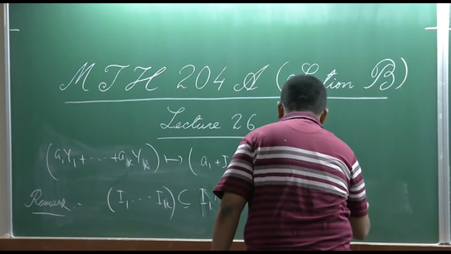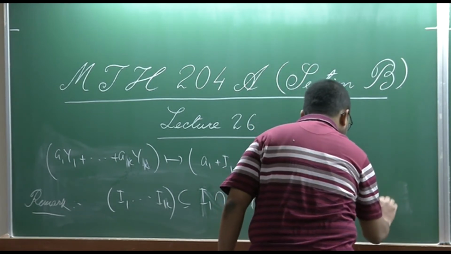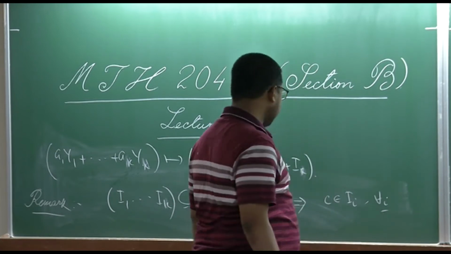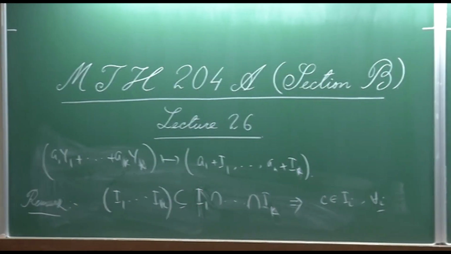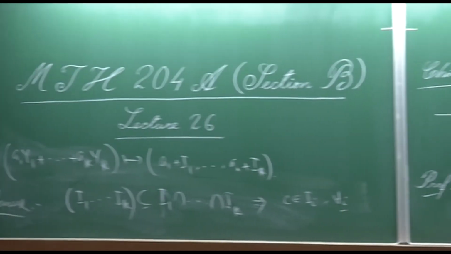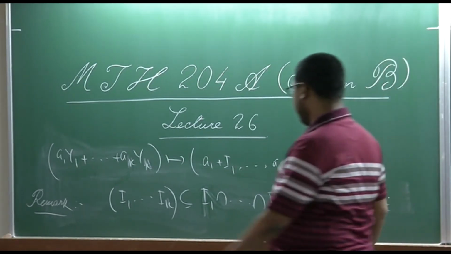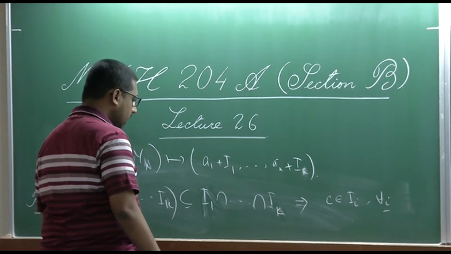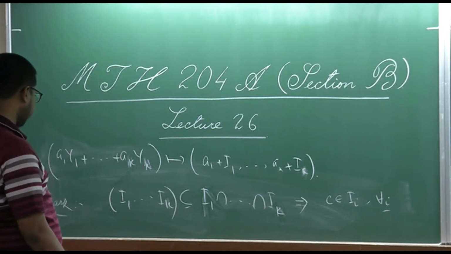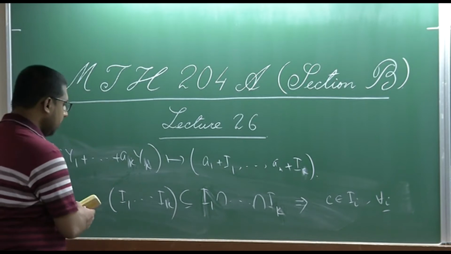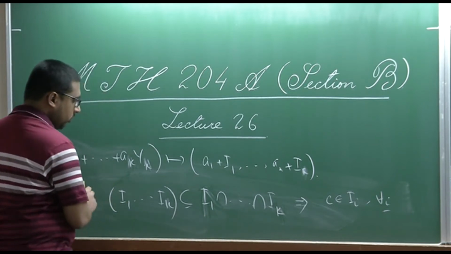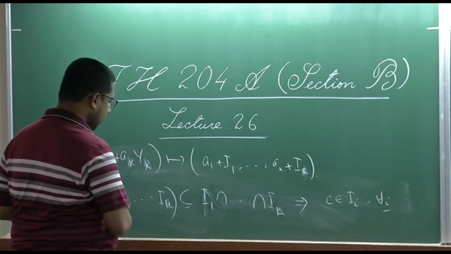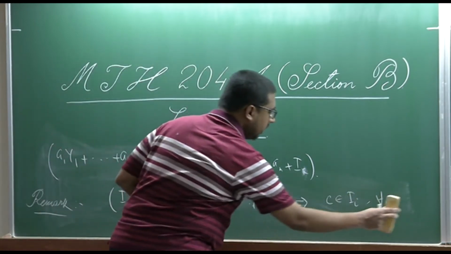If we take c to be inside each I_i, then we have to show that it's in the product. Maybe a better idea is to first show it for 2 ideals, then eventually by induction we can do the rest. Okay, that's better.